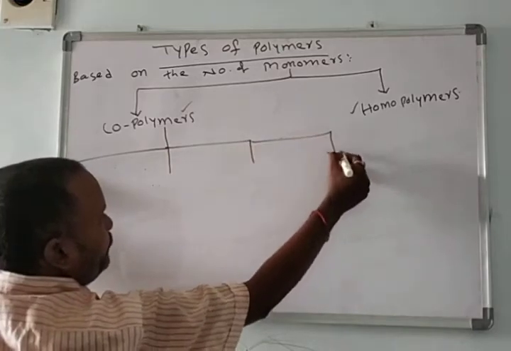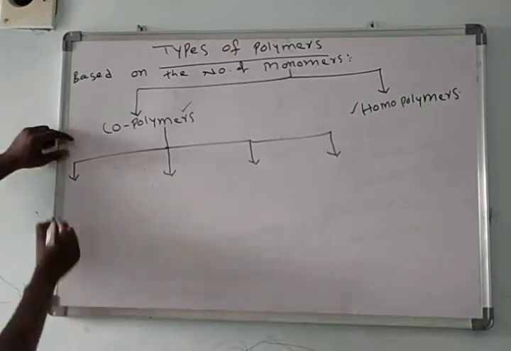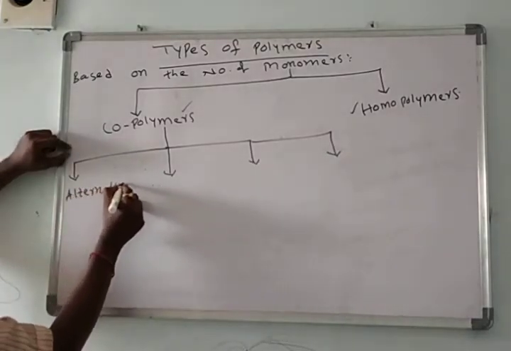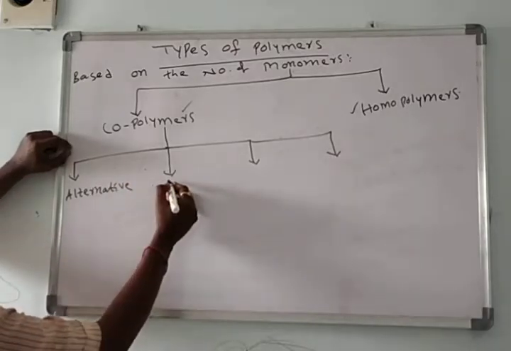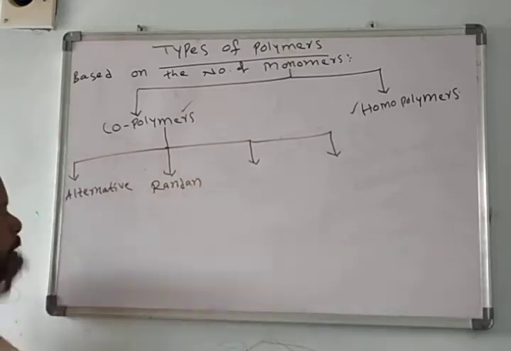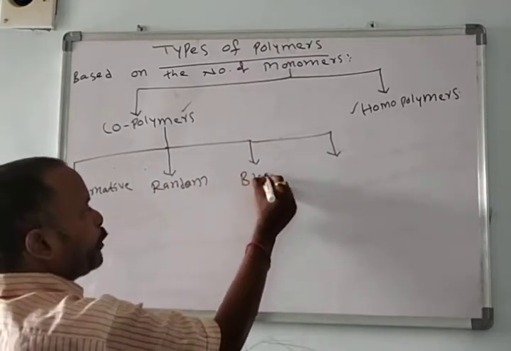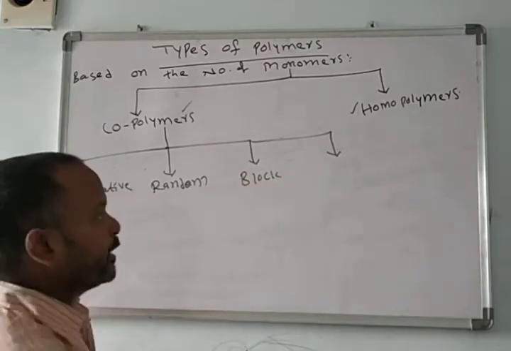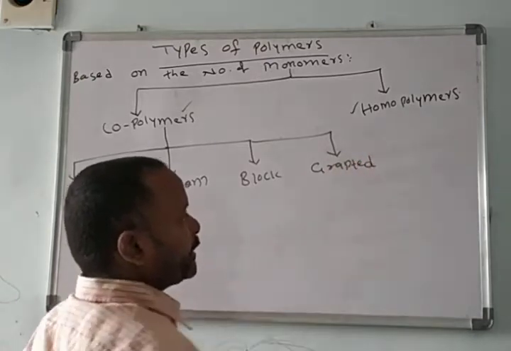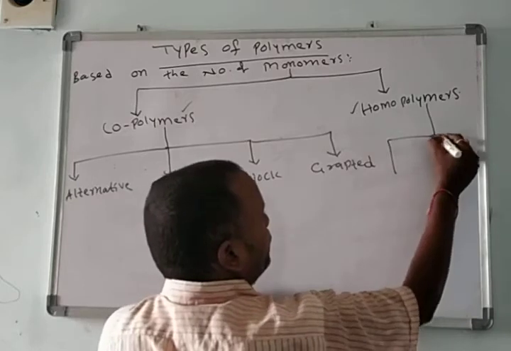One is the alternate copolymer, second is the random copolymer, third is the block copolymer, and fourth is the grafted copolymer.